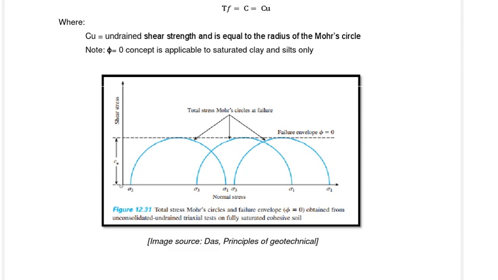And our Mohr circle appears as a point here, at our origin of our Mohr-Coulomb diagram.